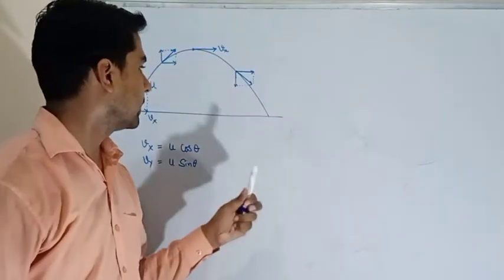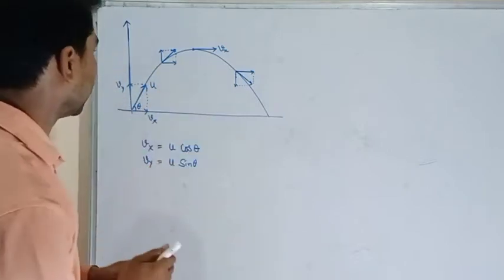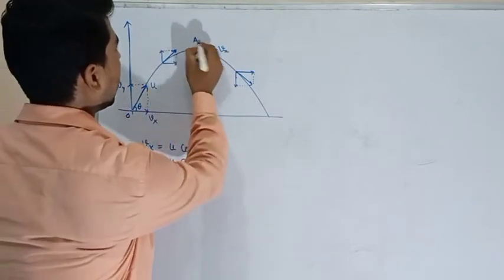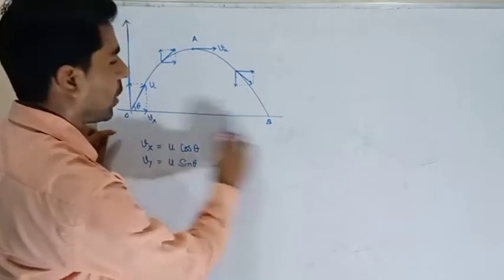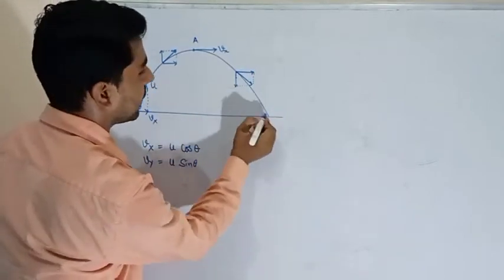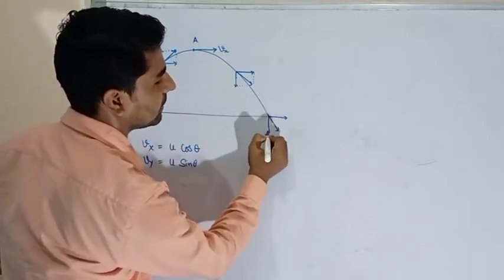Let's calculate the time taken to move from this point to this. Let's name it point O, point A, point B. If suppose this is not the surface of Earth, it will also have at this point some velocity in this direction, with components in this direction and this direction.